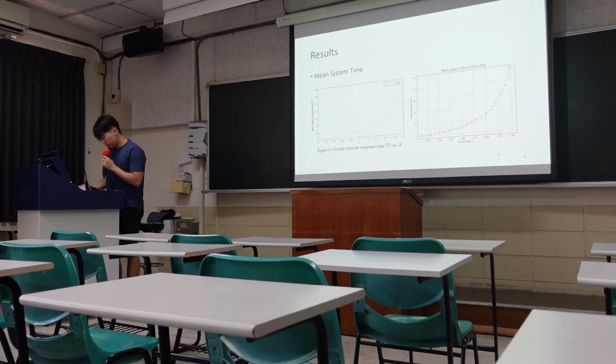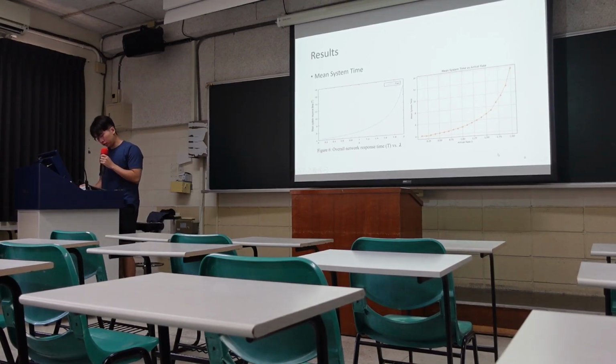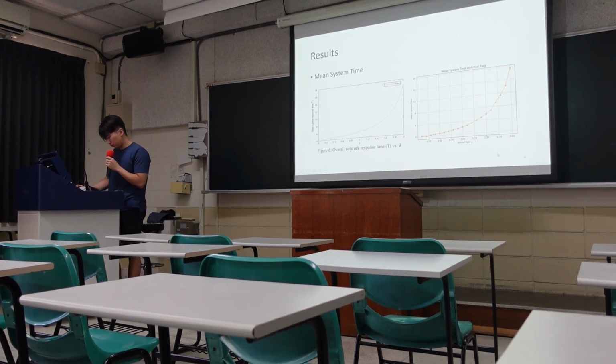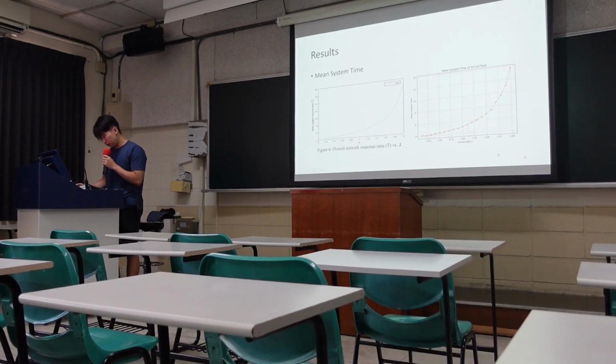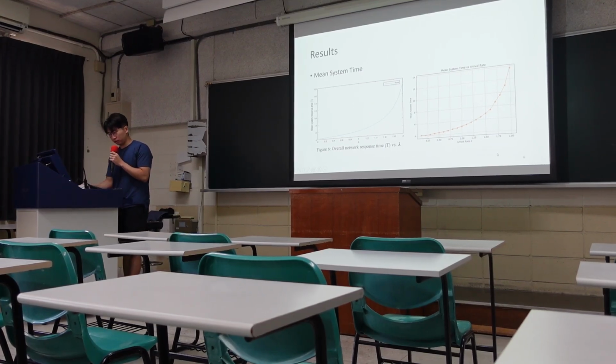This slide illustrates the change in mean system time. As we can see, when the arrival rate lambda increases, the system time rises sharply. The chart on the left shows the result from the theoretical model, and the one on the right presents my simulation data. Both graphs exhibit a similar trend.